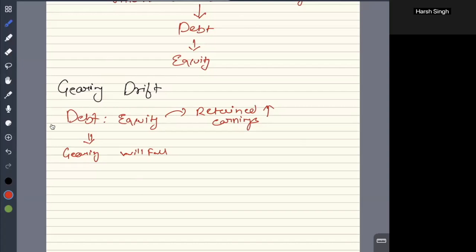it gives a signal. Okay. So basically, what do we mean by signaling? Whenever you raise finance, it gives a signal to investors that we are a confident company and we can go and raise finance, right?